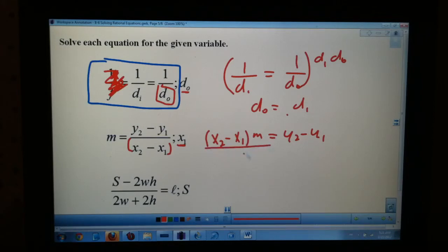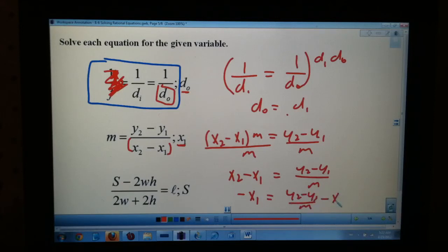So I'm going to divide by m. That gives me x2 minus x1 equals y2 minus y1 over m. And then now I want to move the x2 over, so it's going to be negative x1 equals y2 minus y1 over m minus x2.